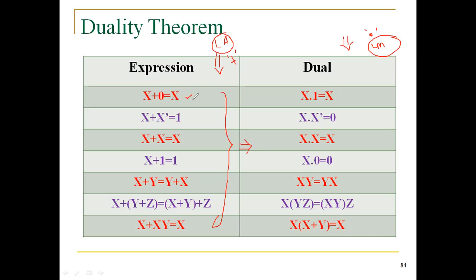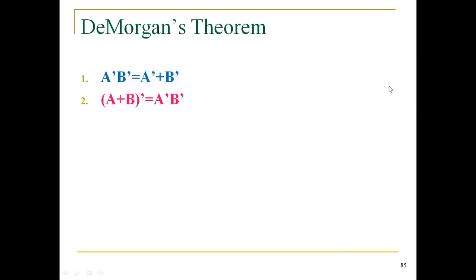So x plus 0 equals x, x plus x bar equals 1, x plus x equals x, x plus 1 equals 1, x plus y equals y plus x, x plus y plus z equals x plus y plus z, x plus xy equals x. Similarly on the multiplication side, because by using these properties or postulates we reduce expressions while doing any digital system design.